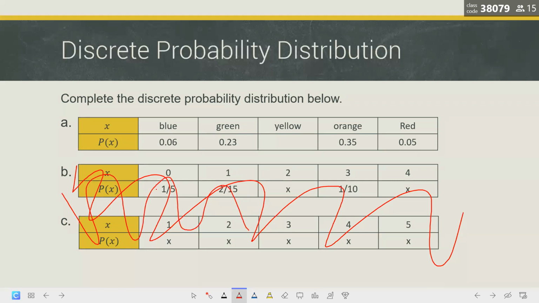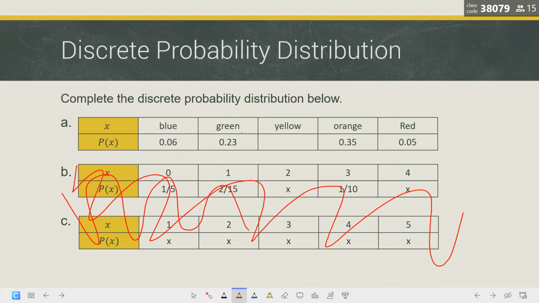Okay. Complete the discrete probability distribution below. So, the variable that we have here is, let's say, the color. Favorite color ng mga student, kunwari. The probability that you pick a student whose favorite color is blue is 0.06, or pag kinonvert natin into percent, 6%.